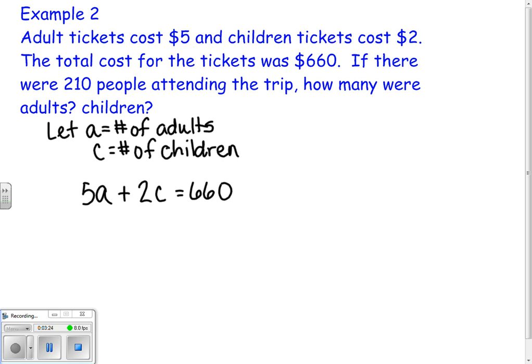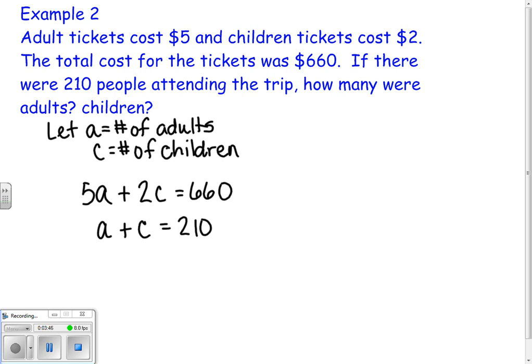That equation I just wrote talks about money, the quantity of money. Then it says there are 210 people attending the trip. That means that the number of adults plus the number of children should be 210. And that's the system.